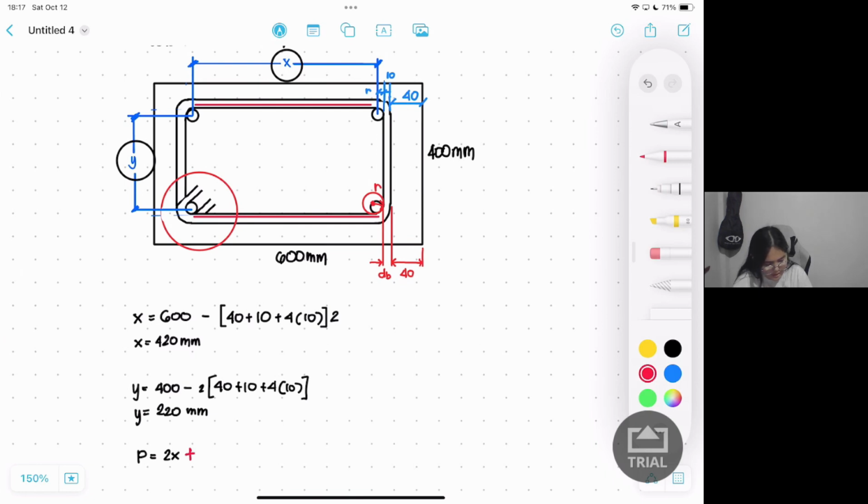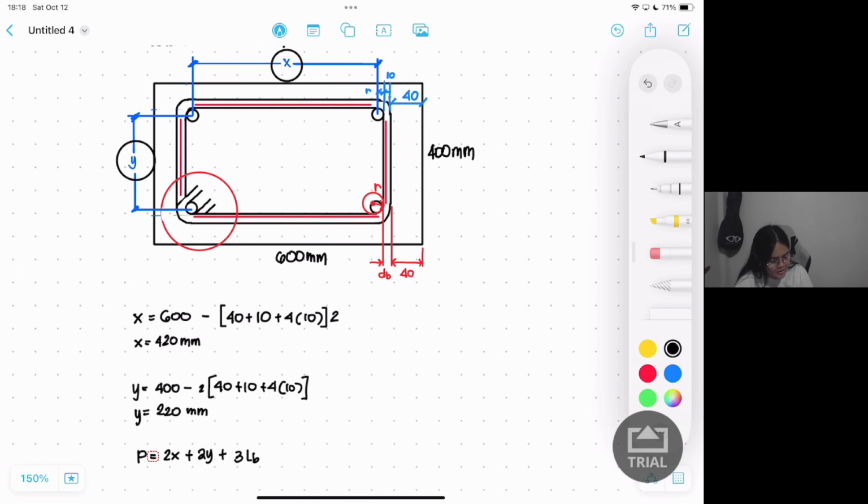Plus, 2 din na y. So, plus 2y. Kasi again, dito sa both sides, meron tayong y. So, plus 2y. Plus 3LB or yung 3 corners na naka 90 degrees.